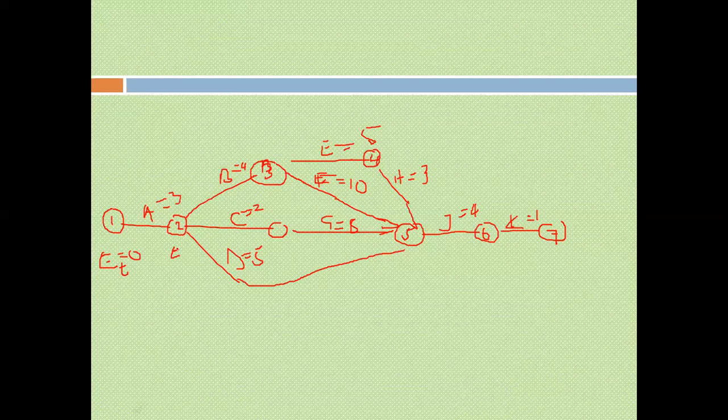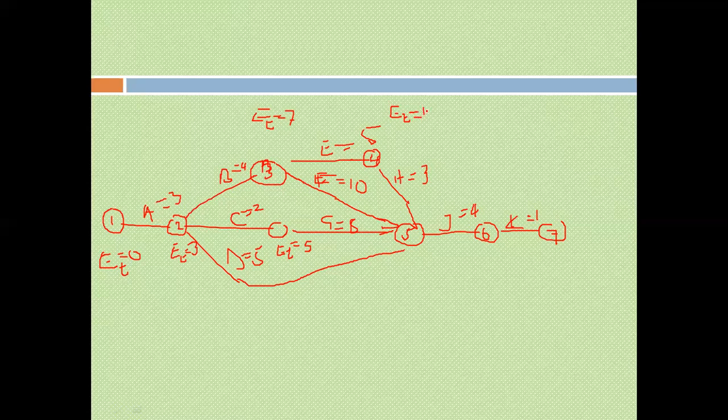Now the earliest completion time here, you had 0 plus 3 to complete at 3. Then on this side the earliest completion time for this node is 3 plus 4, which is 7. You proceed, here the earliest completion time for this is 3 plus 2, which is 5. Proceed, and here the earliest completion time for this node is 7 plus 5, which is 12.